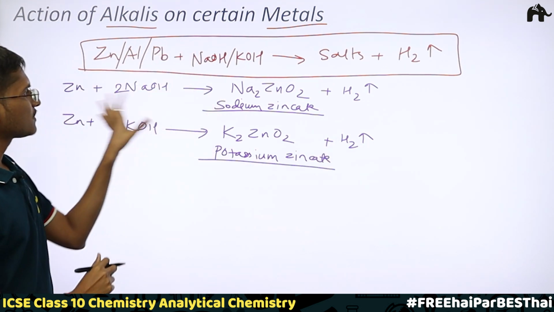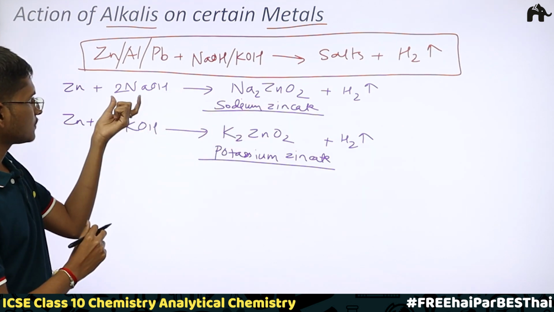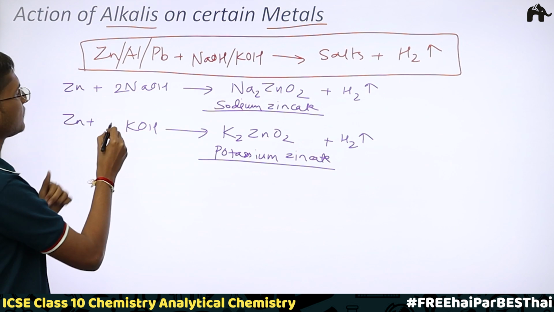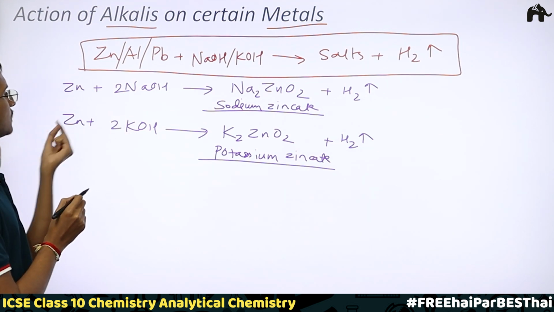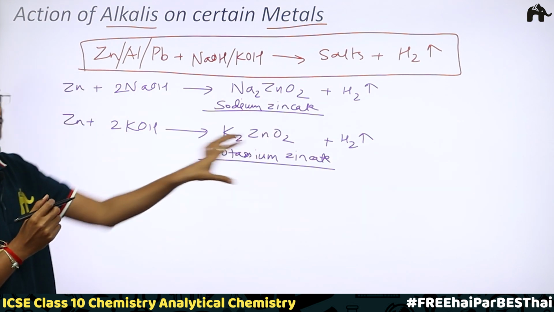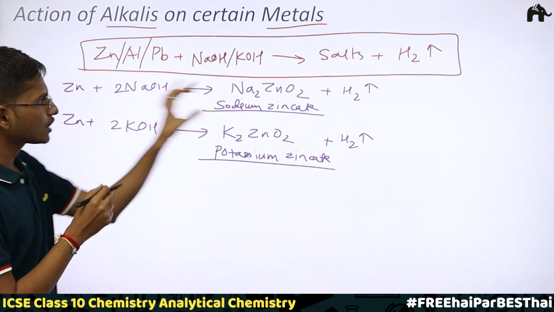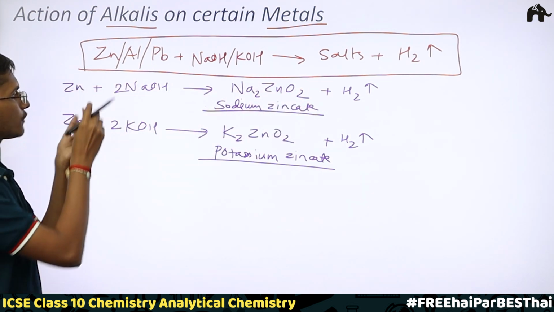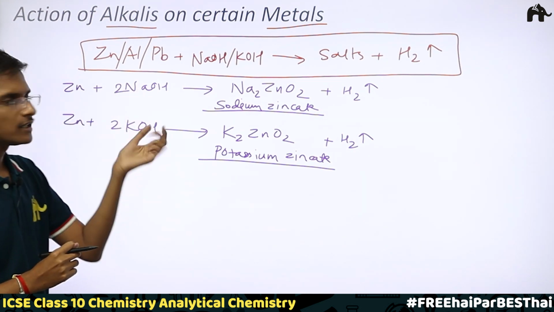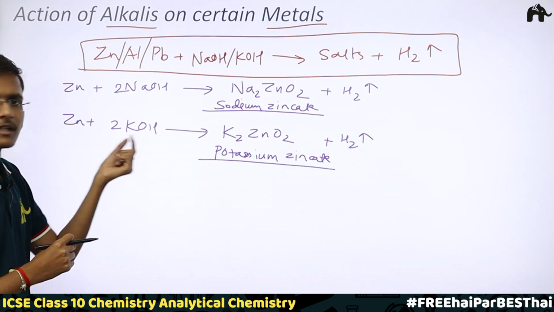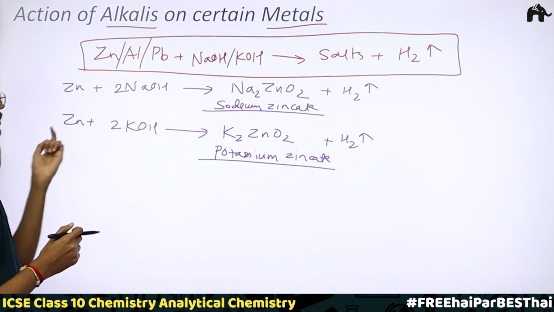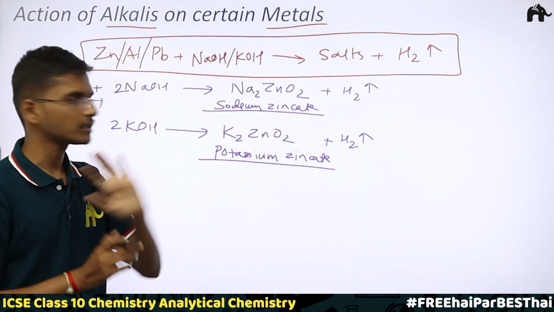Once you have balanced the reaction of sodium hydroxide, just put the same numbers for potassium hydroxide, because when you balance it you will find that the numbers we used for balancing the sodium hydroxide reaction are exactly the same for the potassium hydroxide reaction. So here, 1 2 1 1, that's it.